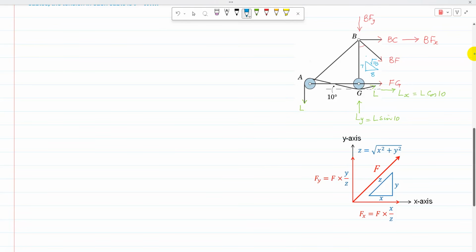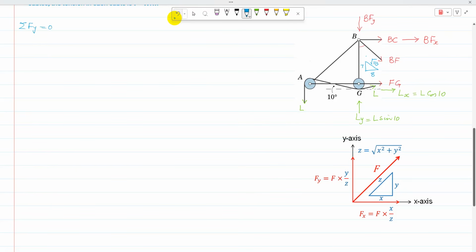But in this case, because only BF is required, if I apply sigma Fy equal to 0, in the vertical direction there is only one unknown component, BFY. The other two components are L and Ly.